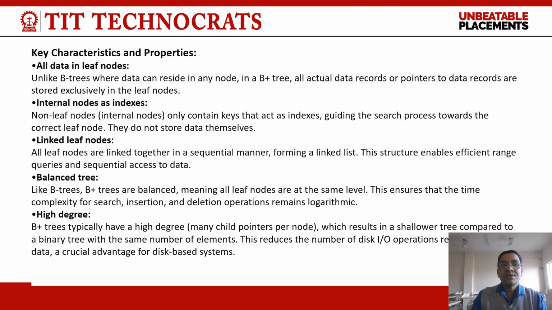Their various key characteristics and properties: all data is in the leaf nodes. Unlike B trees, where data can reside in any node, in a B plus tree all actual data records or pointers to the data records are stored exclusively in the leaf nodes.